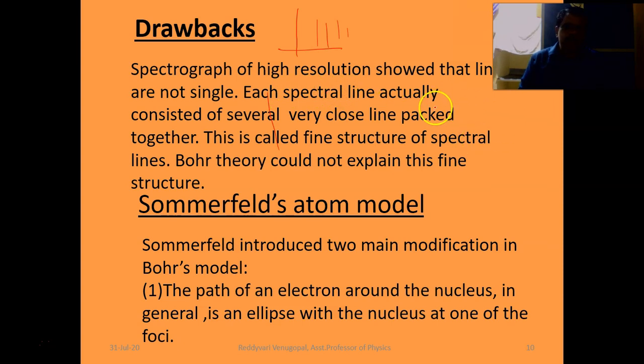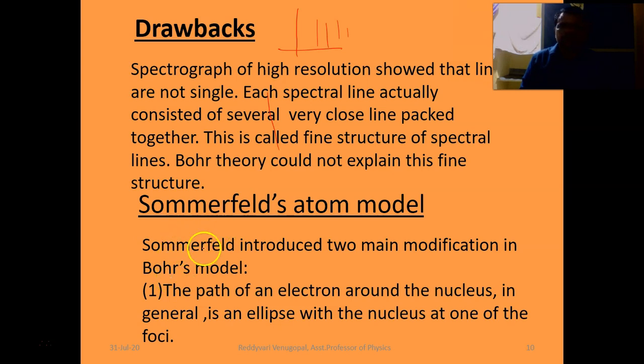That means these transition lines are not single. Each spectral line actually consists of several very close lines together. This is called the fine structure of spectral lines. But Bohr's atomic model cannot explain this fine structure. So next Sommerfeld came to explain these drawbacks of Bohr's atomic model.